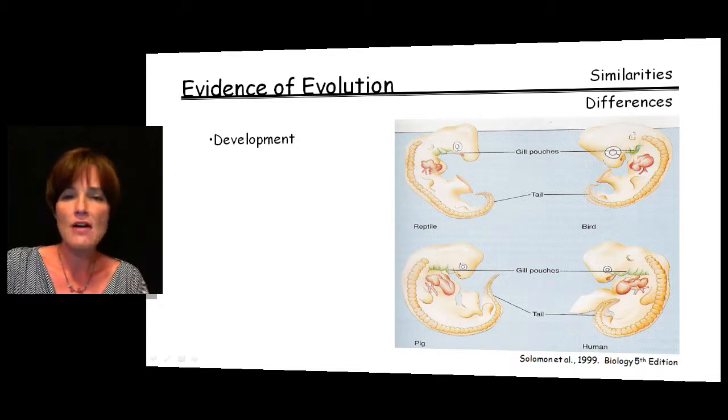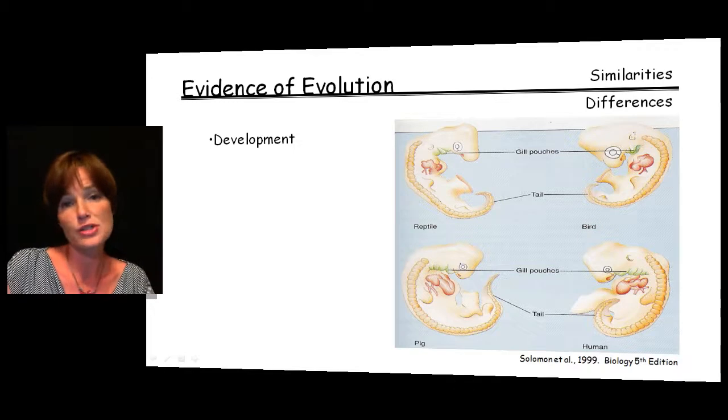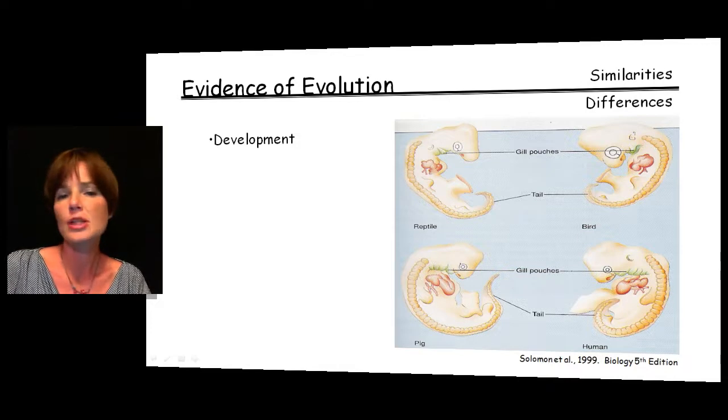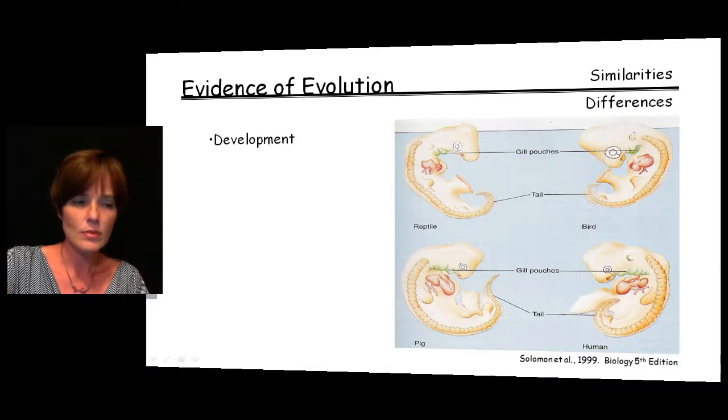All of them have gills. Now, in a fish, those may develop into what we know of as gills now. In humans, those develop more into ear structures. But we do want to be aware of the fact that if you look, there are similarities there. There's more similarities present than what a lot of people realize.